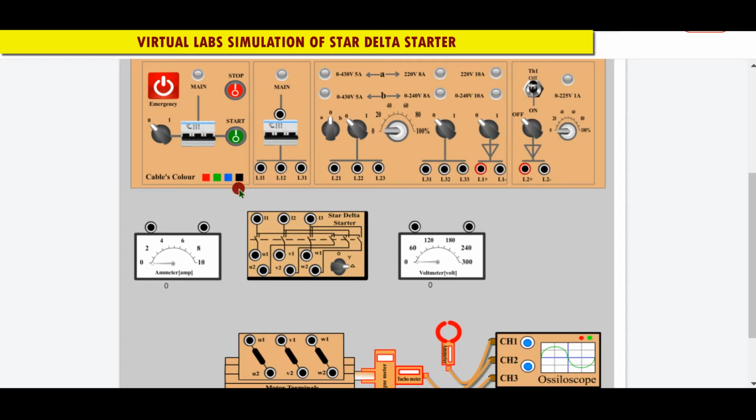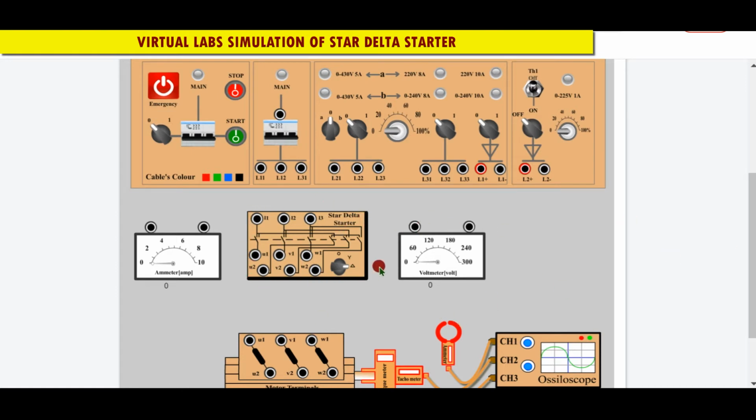This is the ammeter, which will be connected in series with one line or one phase, and this is the voltmeter, which will be connected across the two line terminals so that the voltmeter can read the line voltage.